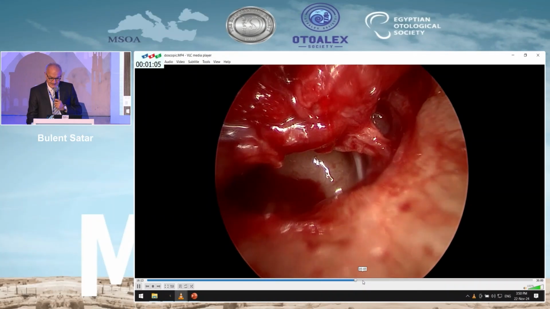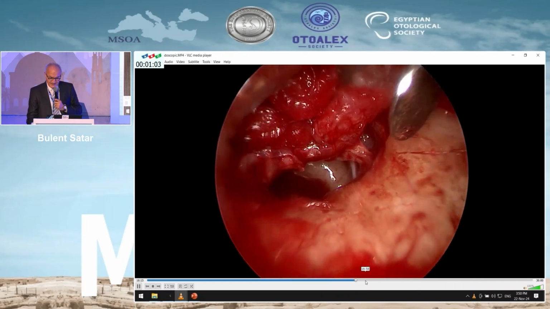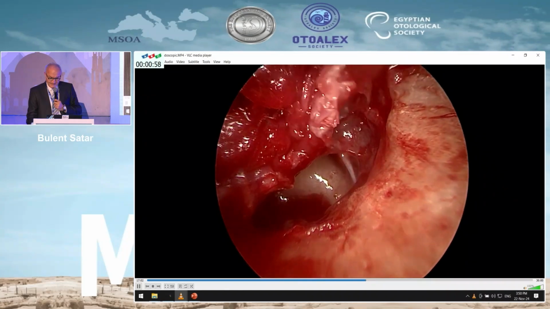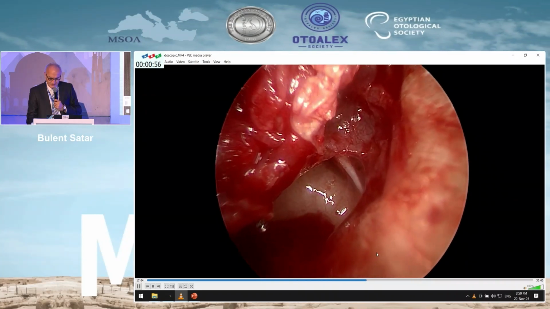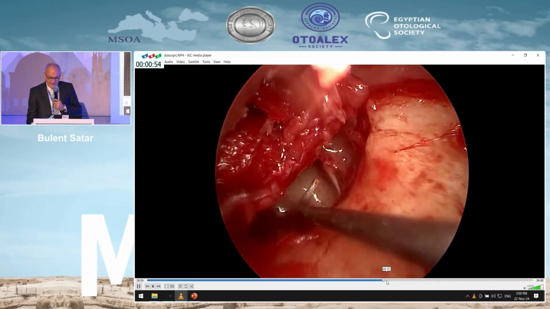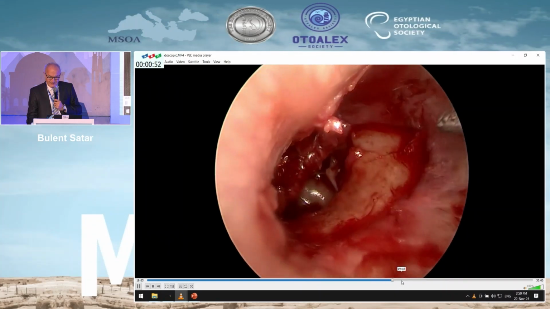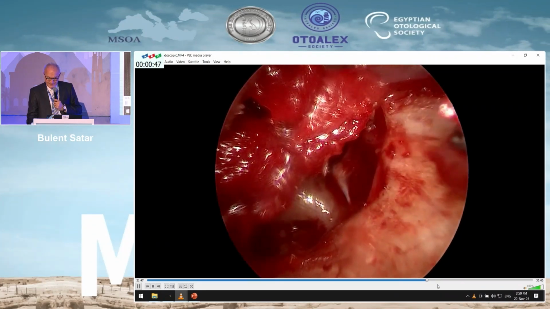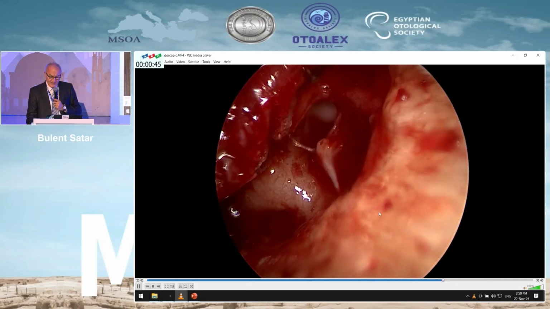Endoscopically, I entered the middle ear and I noticed the meningostapexy and the stapedial tendon. I elevated off the retracted eardrum, but unfortunately, my friend didn't record the rest of the operation.